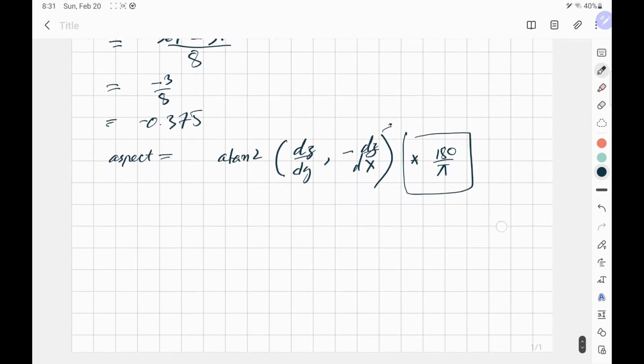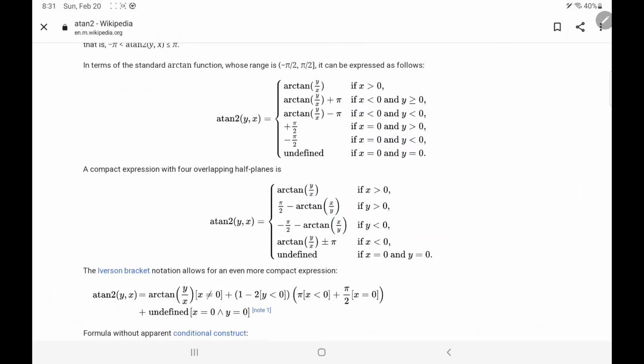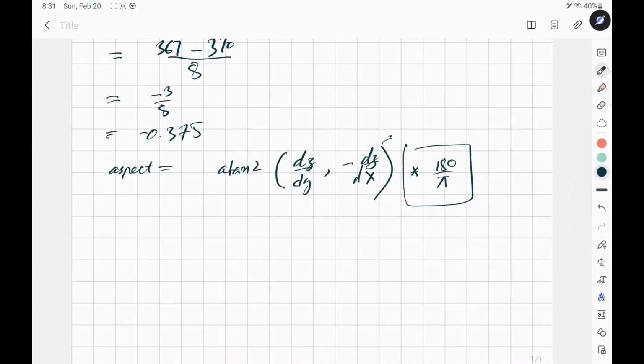Now let's calculate arctan2. So we have arctan2 as y by x. Our first component is y, the other is x.